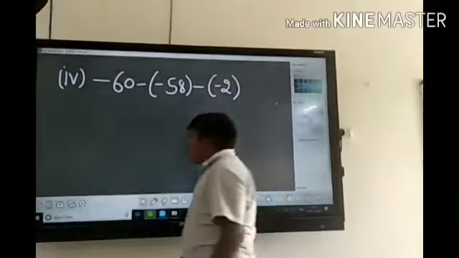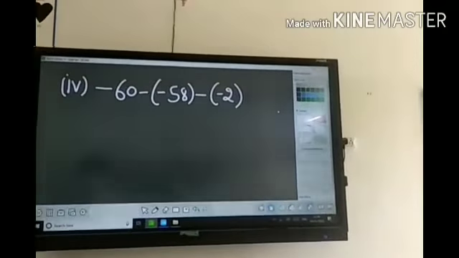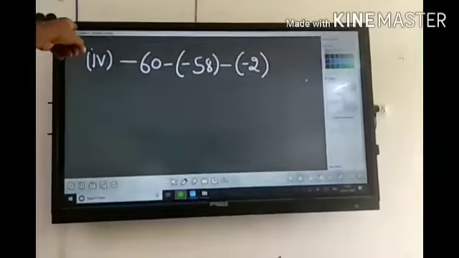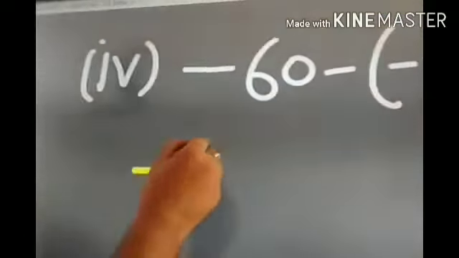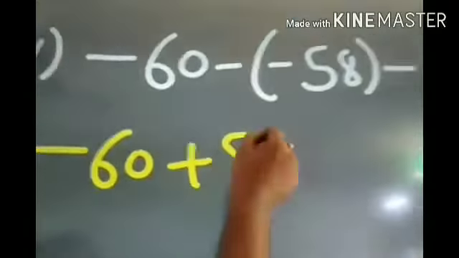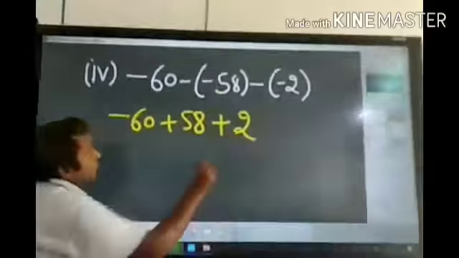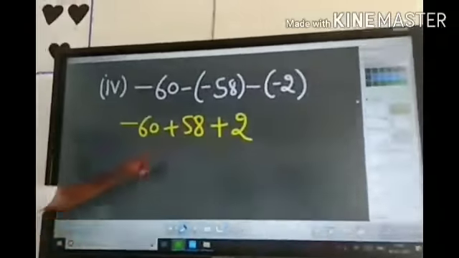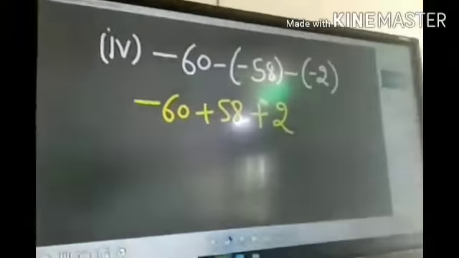Now, question number 4. There is -60, after that minus, and -60, negative of a negative is positive 58, and negative of a negative is positive 2. Here you can see that the last two integers are positive and of like signs.